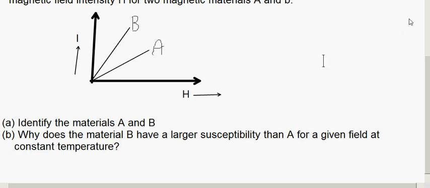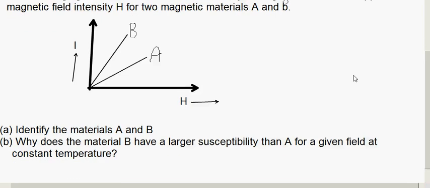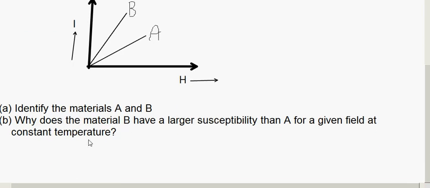Okay, let me read once again. The following figure shows the variation of intensity of magnetization versus the applied field curve for two magnetic materials A and B. The question is, identify the materials A and B. Why does the material B have a larger susceptibility than A for a given field at constant temperature? Now we know how the magnetic materials are classified according to the susceptibility.